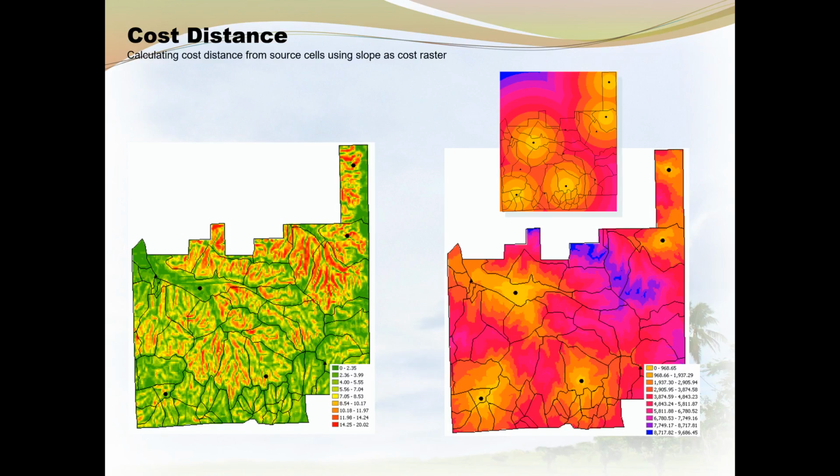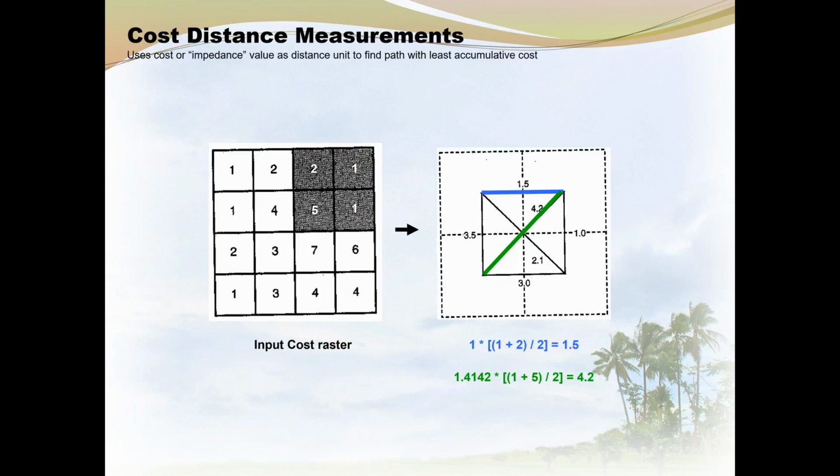They also did that, and cost distance, and they can calculate the cost distance measurements. As I mentioned there, so here 1, and then if you combine 1.5, 3.5, divided by the cost effective that you put in the formula.